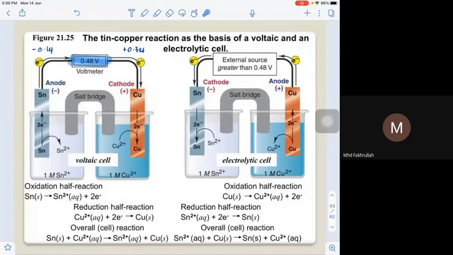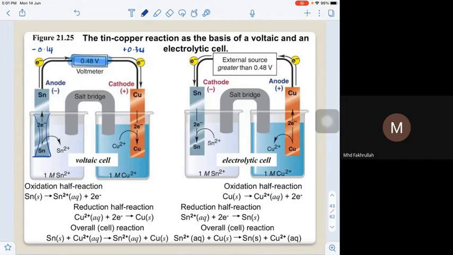At the anode, oxidation occurs when Sn turns to Sn2+. At the cathode, copper 2+ is reduced and turns to copper solid. If you look at these two half cells at the end of the reaction, we will observe that the tin electrode becomes thinner because Sn turns to Sn2+.